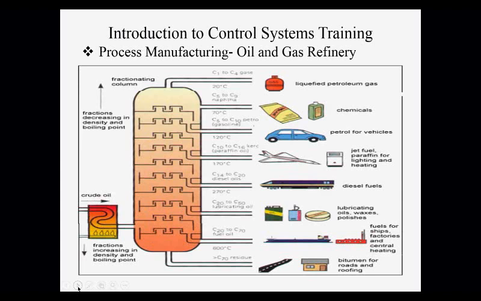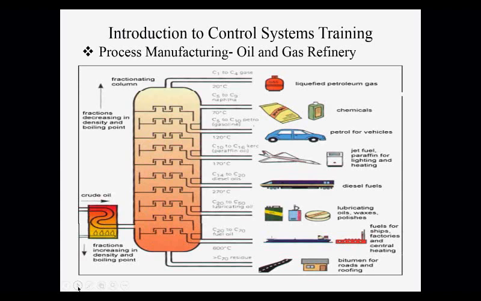Most of us can recollect that this is a fractional distillation column. We must have studied it at one point or another in our educational background. What we can see here is a column, right? And as the name suggests, a fractional distillation column.